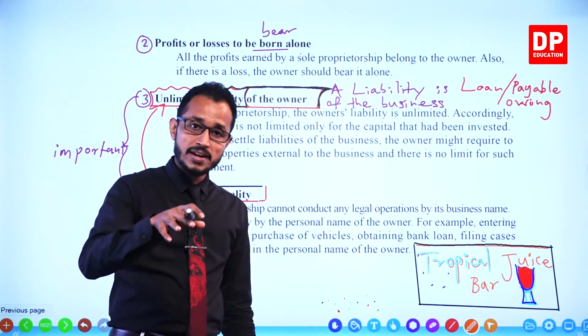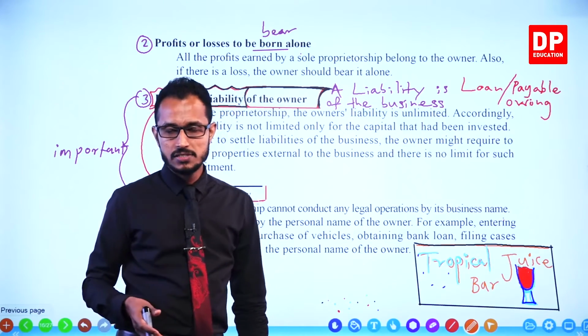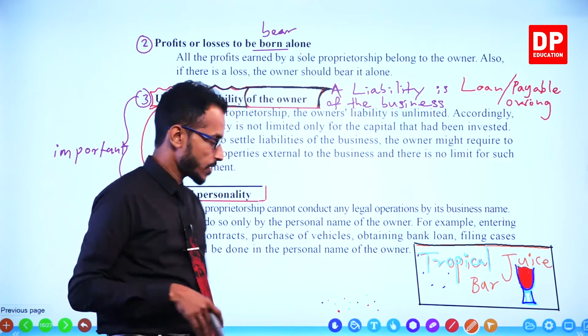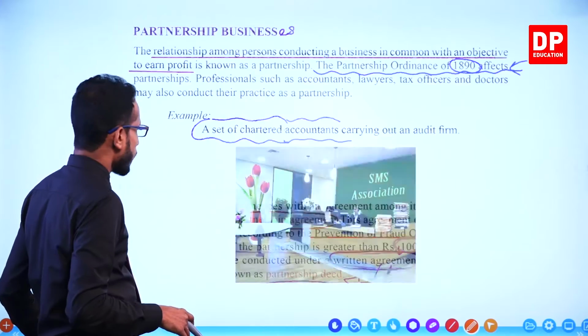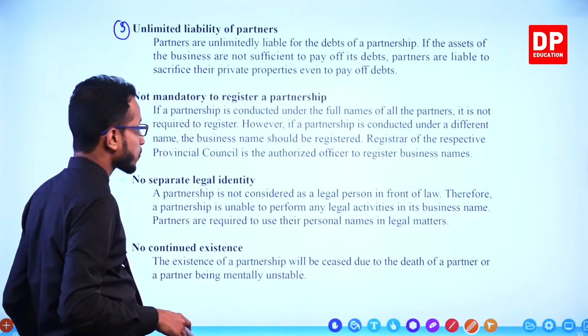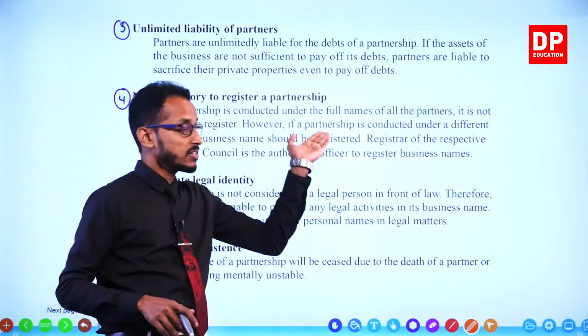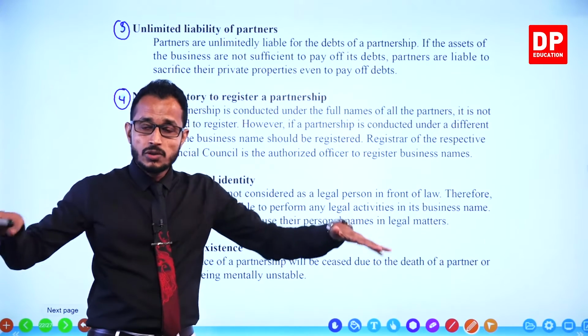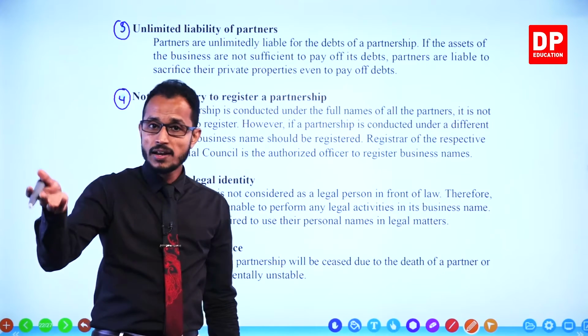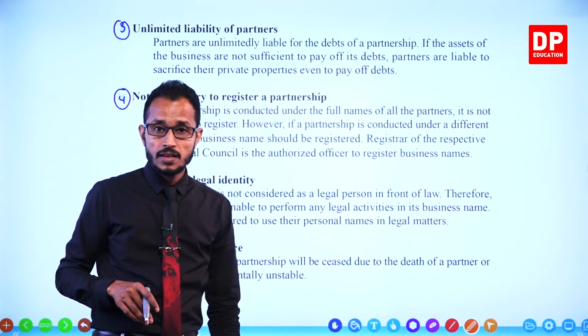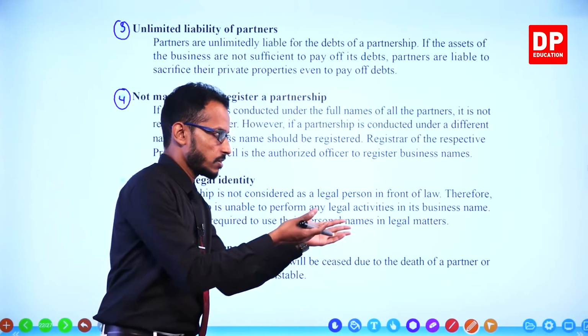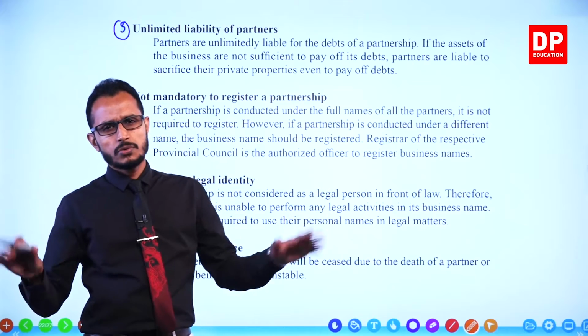As a sole proprietor, you must register the name of the business. Okay? Just like that. If the partnership business is not conducted by the names of the partners, it must be registered. If the business has the names of the partners, no need to register.